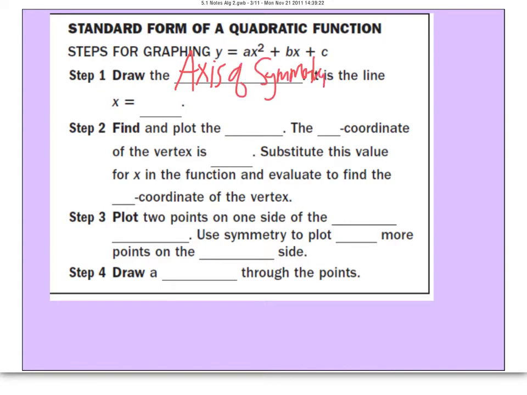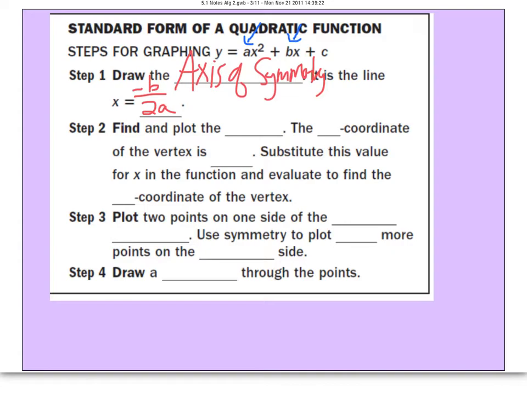And you actually have to find it. It is the line x equals negative b over 2a. So what you have to do is you look at the equation, you find the number that sits where b is, you find the number where a sits, and you plug it into this equation, and you would get a vertical line with some numbers, and you plot that.